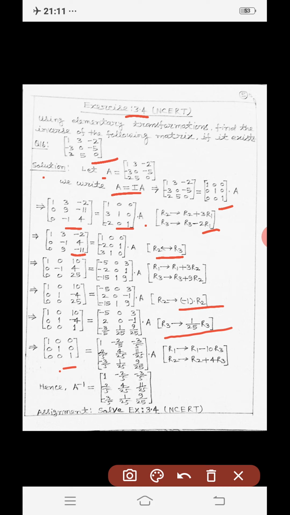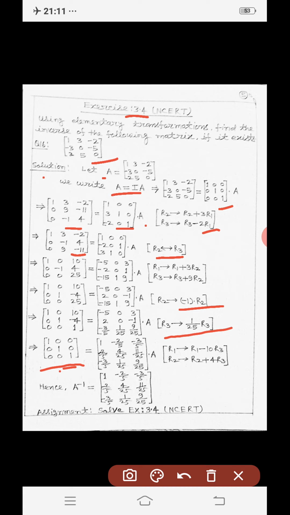And finally here we get the identity matrix 1, 0, 0, 0, 1, 0, 0, 0, 1, equal to 1, -2 by 5, -3 by 5, -2 by 5, 4 by 25, 11 by 25, -3 by 5, 1 by 25, 9 by 25 into A.